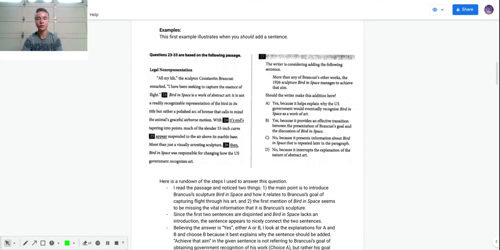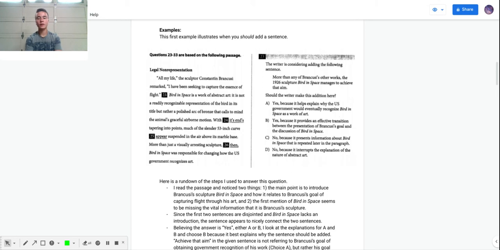So now let's just look at the answer choices right here. A and B are the ones we're really looking at because they both say yes, and that's the conclusion that I've come to. So the first one, yes, because it helps explain why the U.S. government would eventually recognize Bird in Space as a work of art.